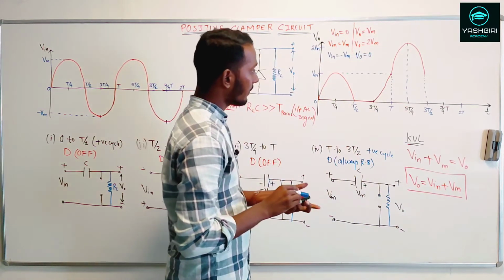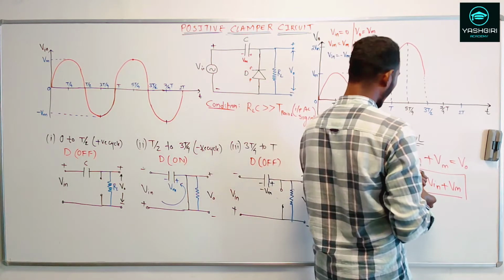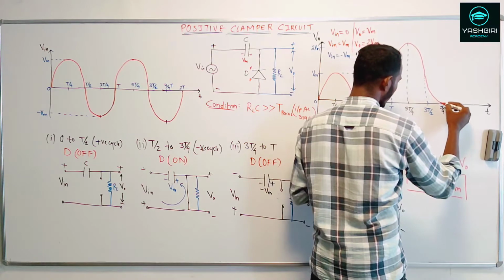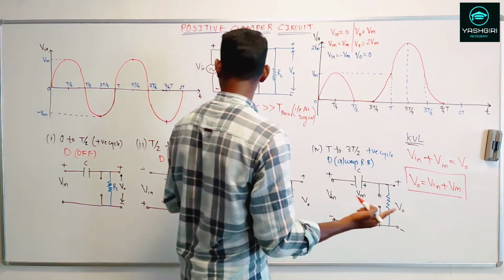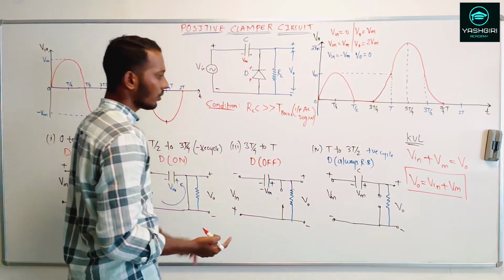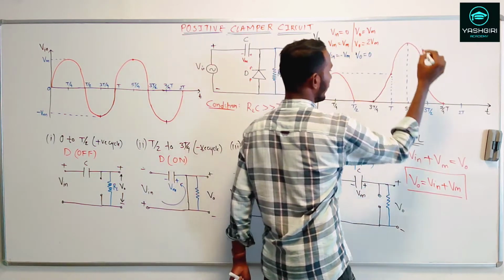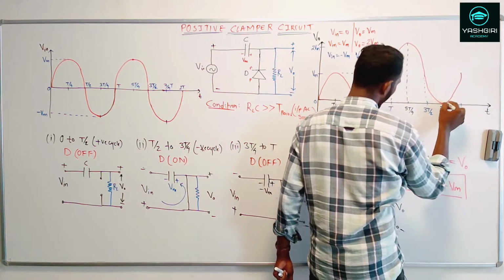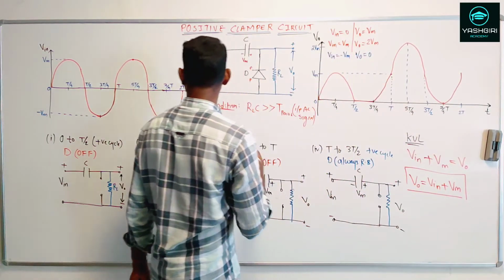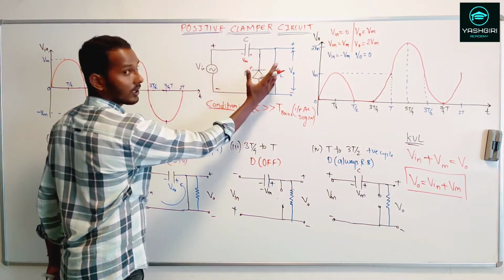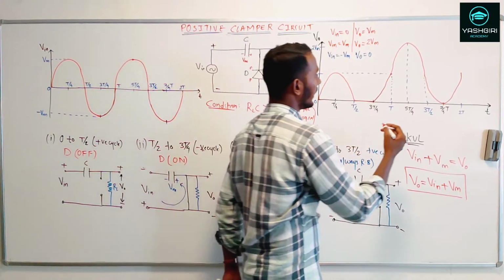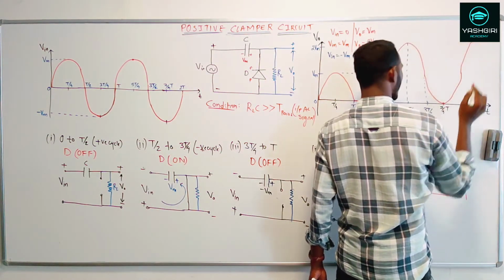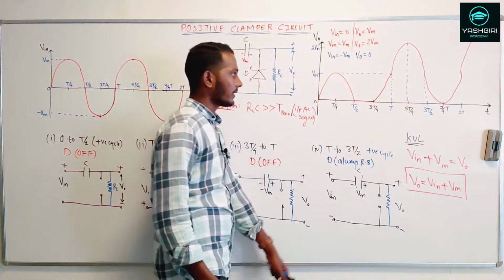So at 7t by 4, you will get 0. It will be something like this. Once again at 2t, V in is 0, so you will get Vm. So you will get a waveform something like this, and for all the remaining cycles the same pattern will be observed, a repeated waveform.